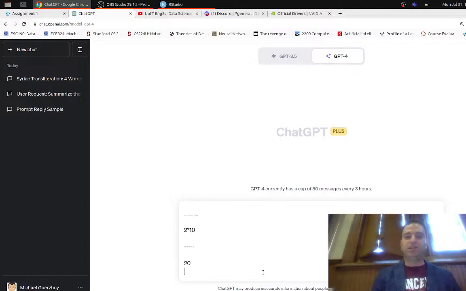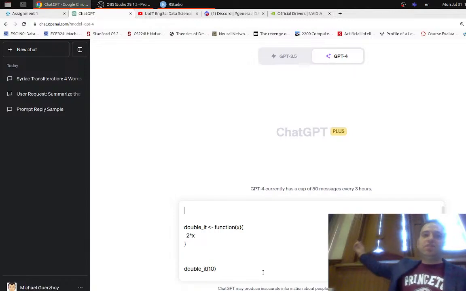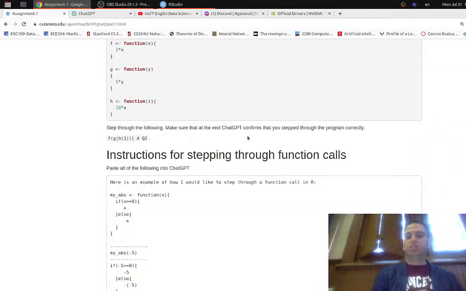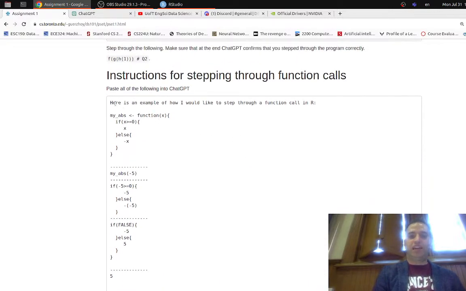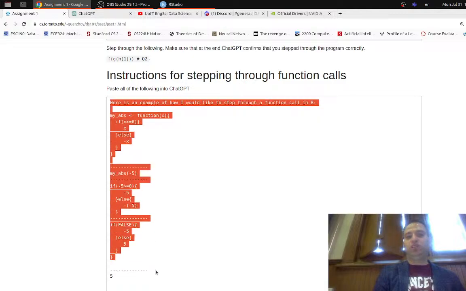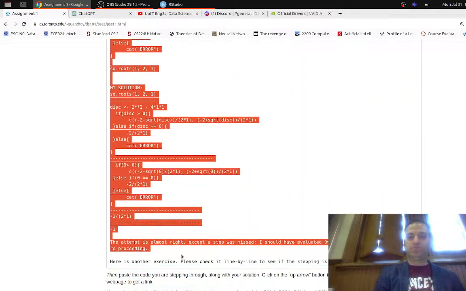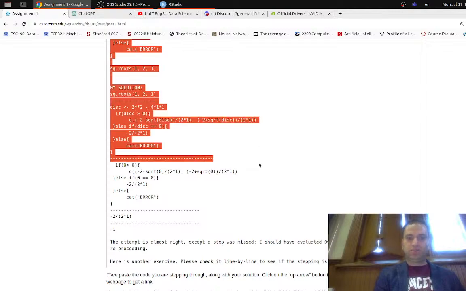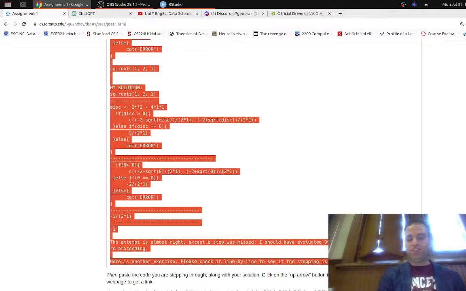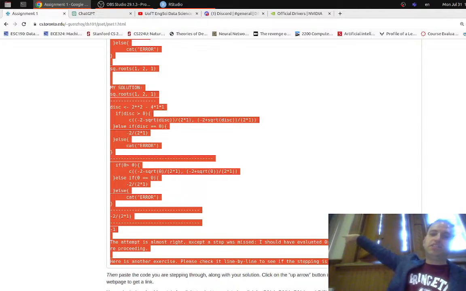So anyway, this is my solution. And in front of that, I'm going to paste the prompt from the assignment. So basically, the entire thing every time is what you give GPT-4. Here I'm basically taking the entire text up to here's another exercise.